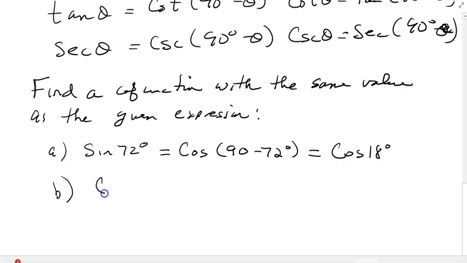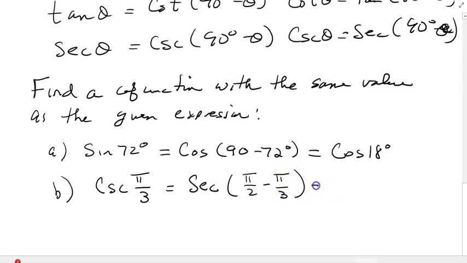And let's do cosecant of pi over 3. Well, that equals secant because that's a cofunction. Cosecant and secant are cofunctions of, well, I'm not going to put 90 there because I'm working in radians. I would use pi over 2 for 90 minus pi over 3.